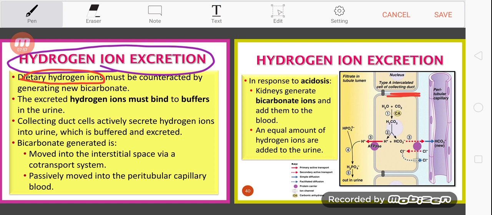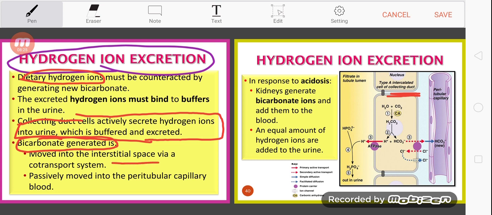And then when the collecting duct is actively secreting the hydrogen ion into urine, which is buffered and excreted out, in the regulation of this, in the collecting duct, new bicarbonate will be created. This new bicarbonate will move into the ECF, the interstitial space, via the transport system, and then passively move into the peritubular capillary.